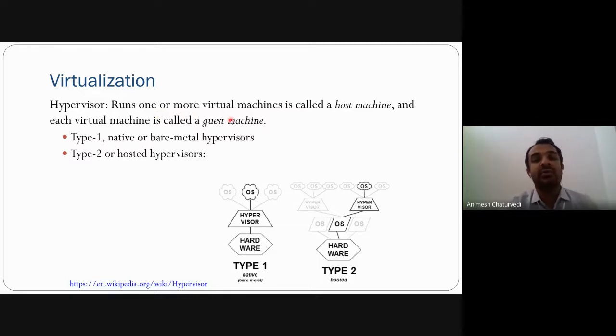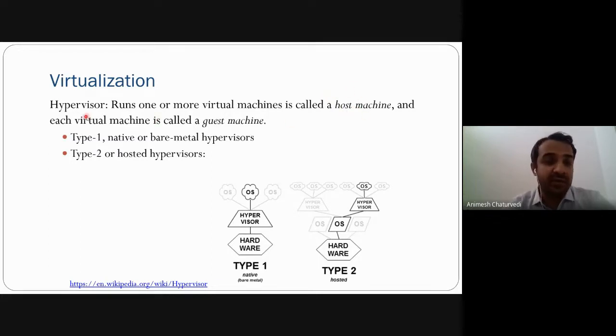A hypervisor runs one or two or more virtual machines, and that could be called the host machine, meaning the core machine that has the silicon or the hardware. So that's the host machine.